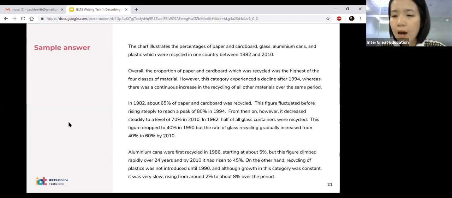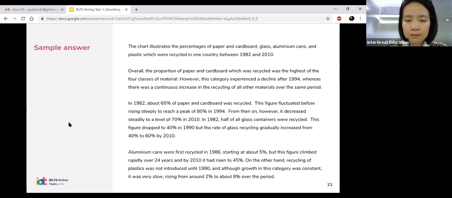Okay, so we will have the final question. Is it mandatory to write the conclusion? It's a good question. You do not need to write a conclusion, so it's not mandatory.